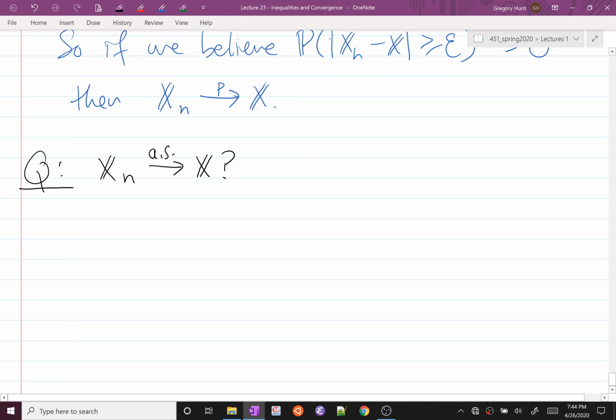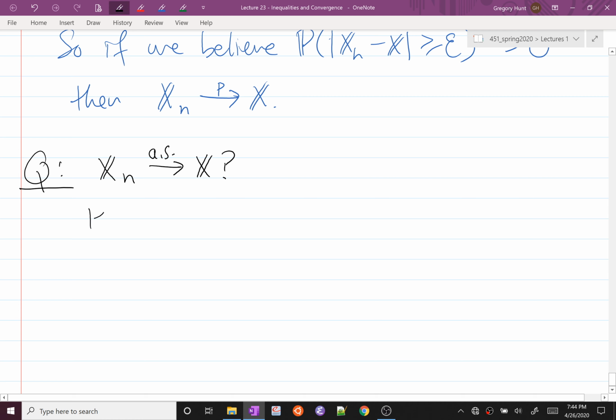Almost sure convergence means that if I look at these things as functions, then they converge pointwise as functions over a set A that has probability 1.